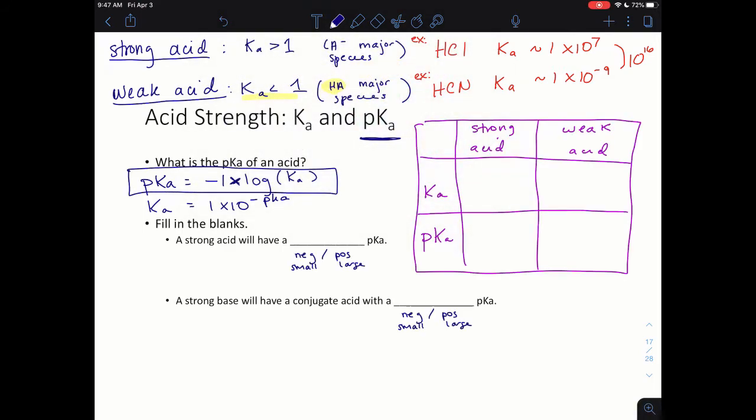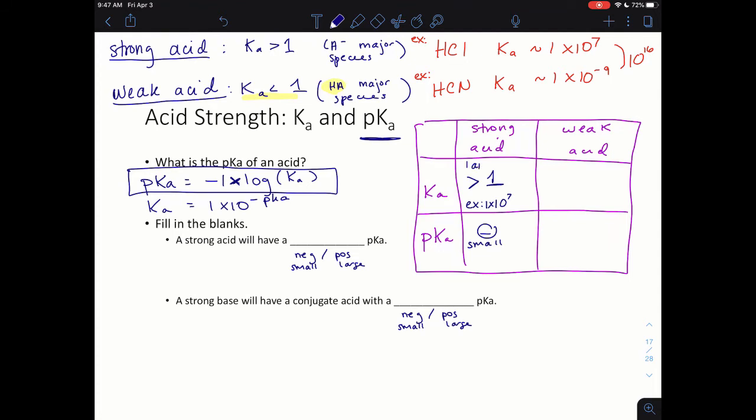Let's continue thinking about the relationship between Ka and pKa for strong acids and weak acids. We know a strong acid is going to have a large Ka, greater than 1, right? So we can look at our example of HCl. It was on the order of 10 to the 7. Now, its pKa is going to be negative or small.